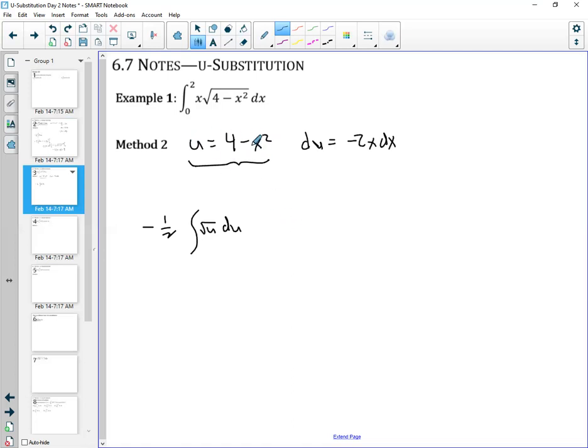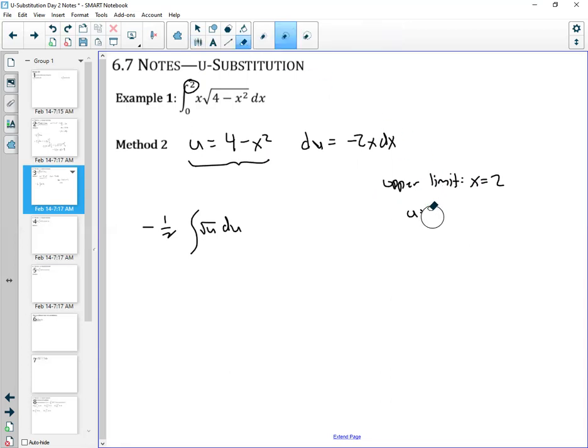Right, u is 4 minus x squared. So let's think about the upper limit. The upper limit was x equals 2. Well, when x is 2, u is 4 minus x squared.